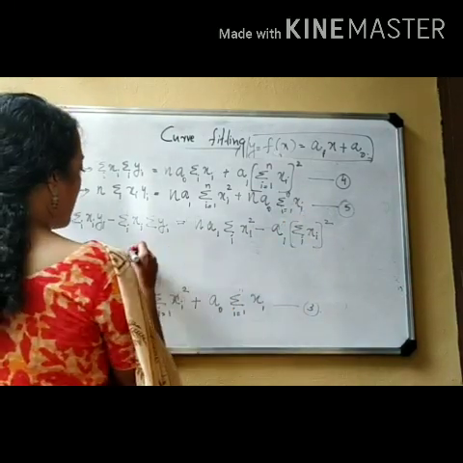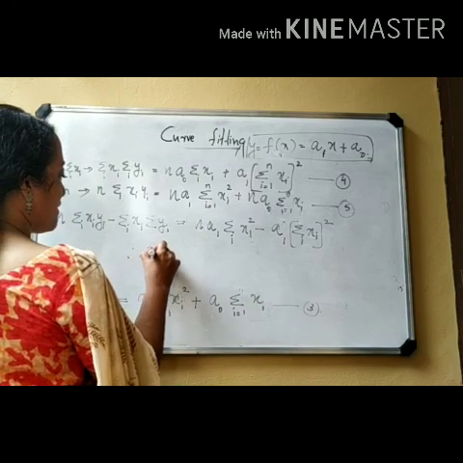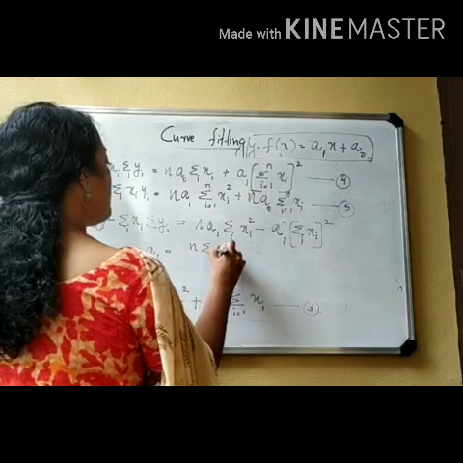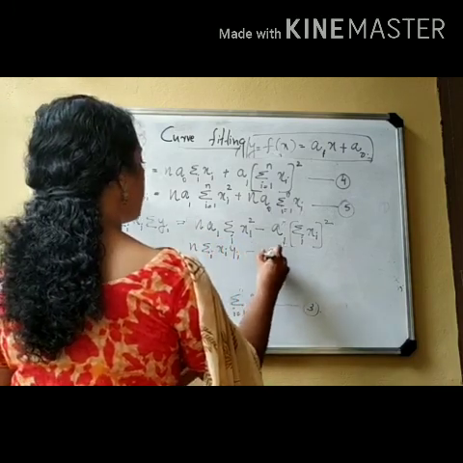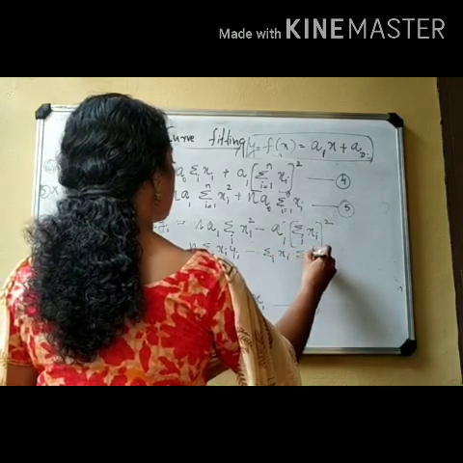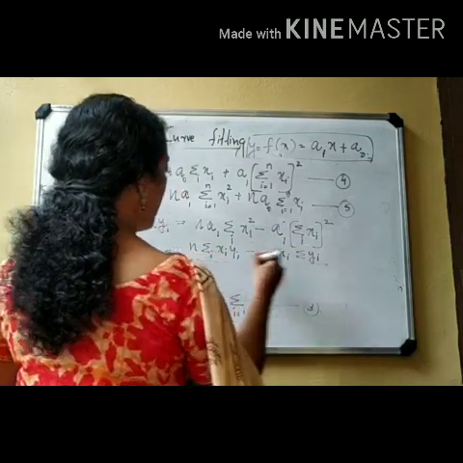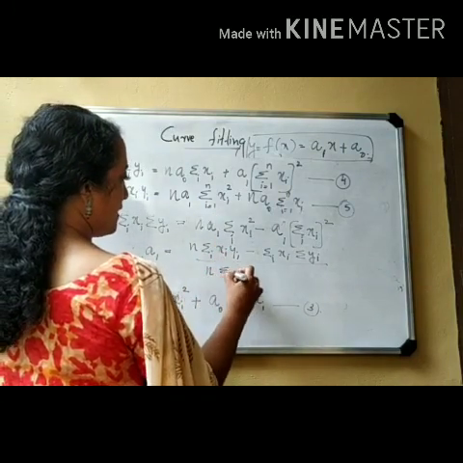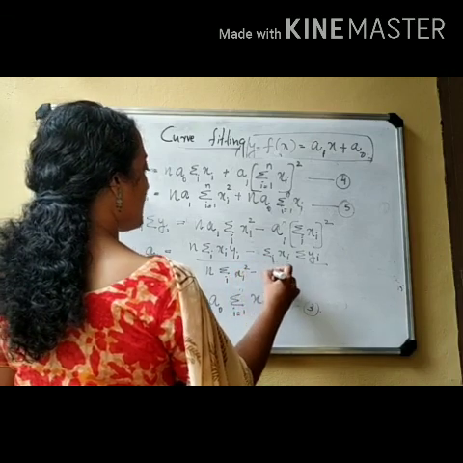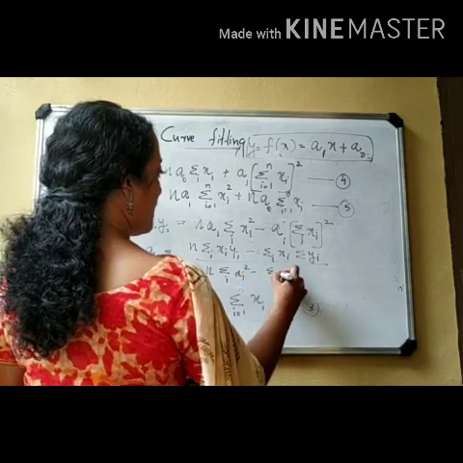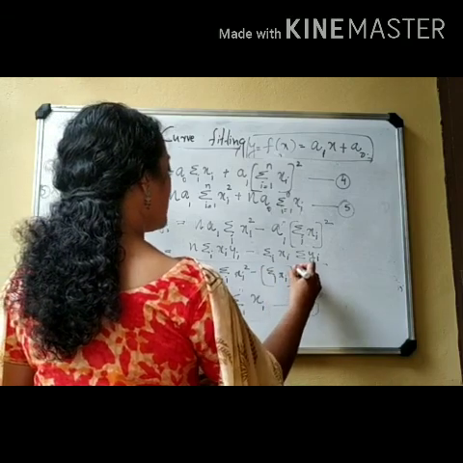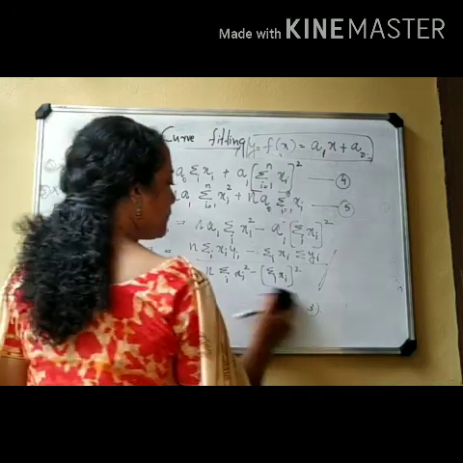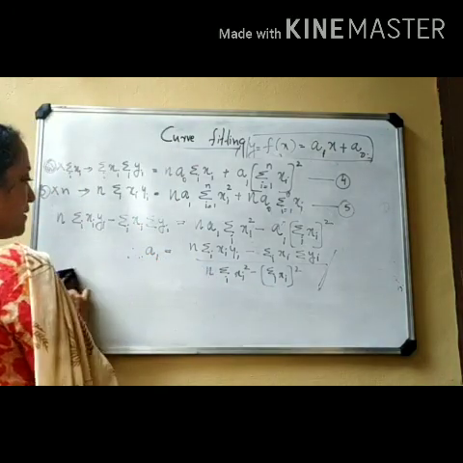So from this we can write a1 is equal to n times sigma i xi yi minus sigma i xi into sigma i yi, divided by n times sigma i xi square minus sigma i xi the whole square. This is the equation for finding a1.